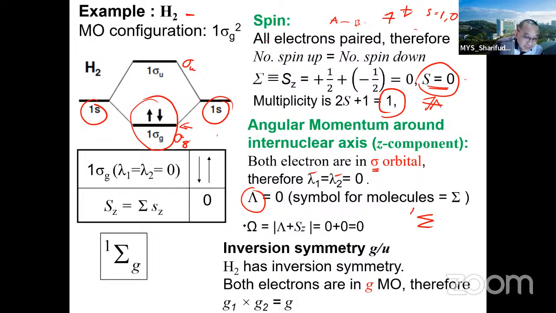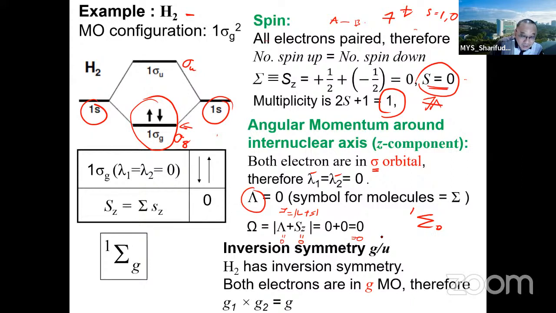And then omega, which is the total angular momentum, analogous to J equals L plus S. So omega equals lambda plus S, which is the total spin. Lambda equals 0, S is also equal to 0, hence omega is 0.